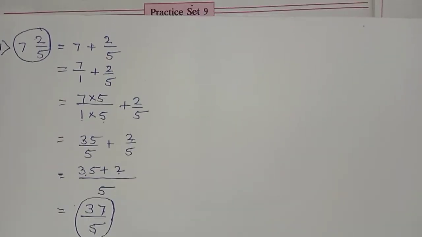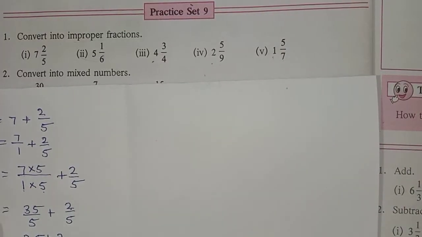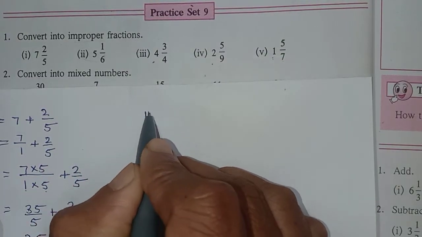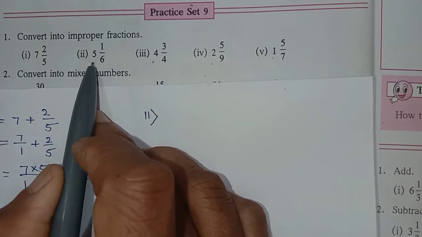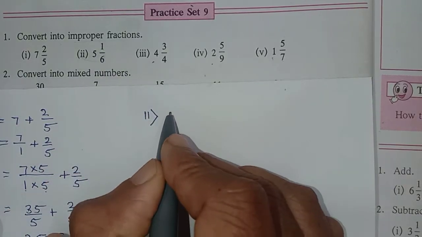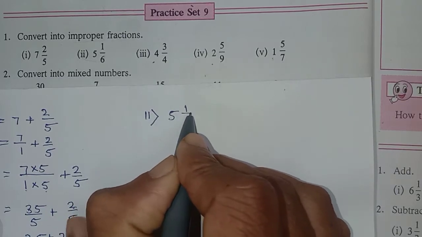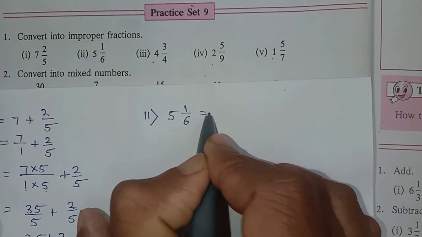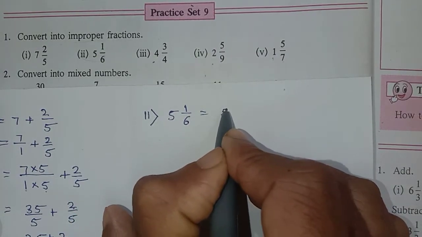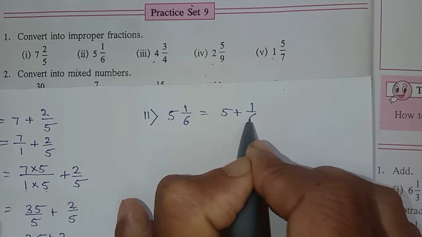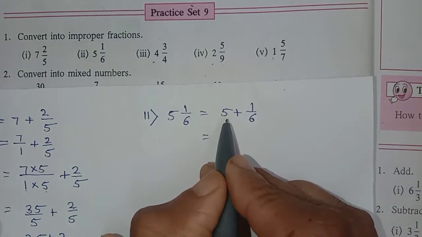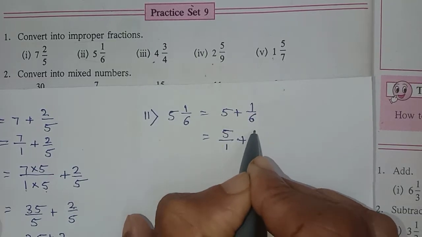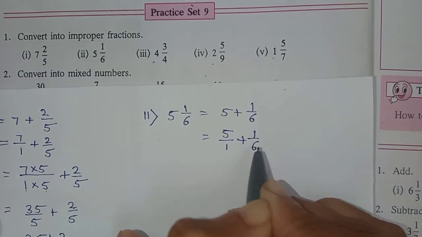In the same way, we can convert the second example, 5 integers 1 upon 6. 5 integers 1 upon 6 can be written as 5 plus 1 upon 6, which we can write as 5 upon 1 plus 1 upon 6.